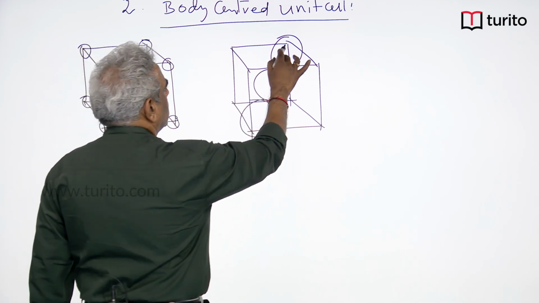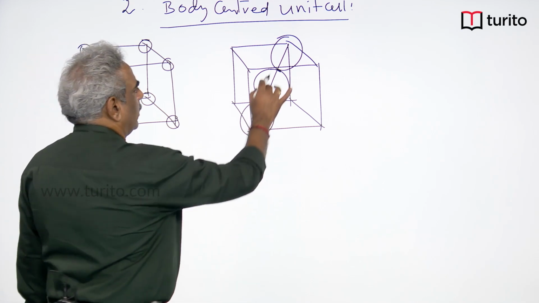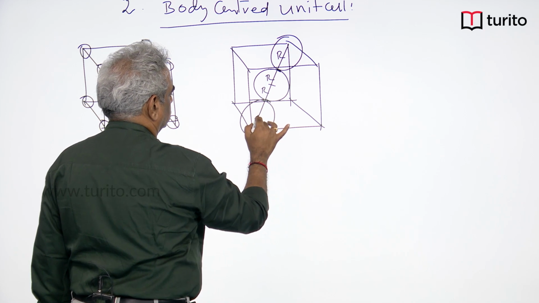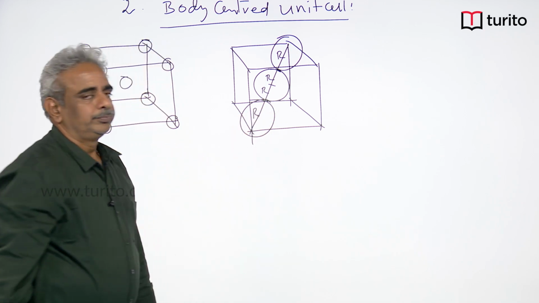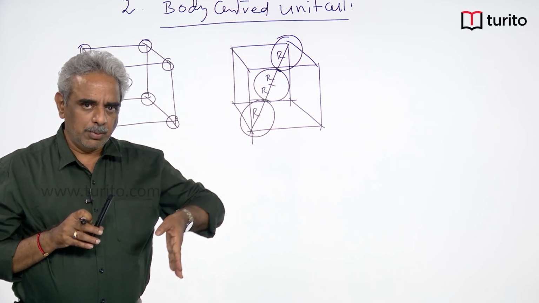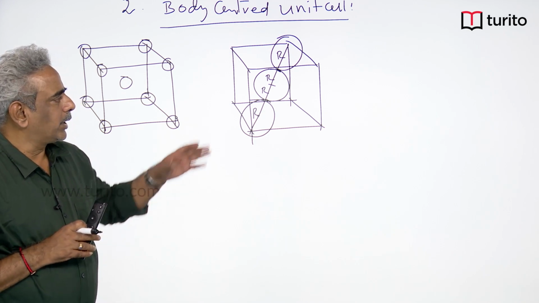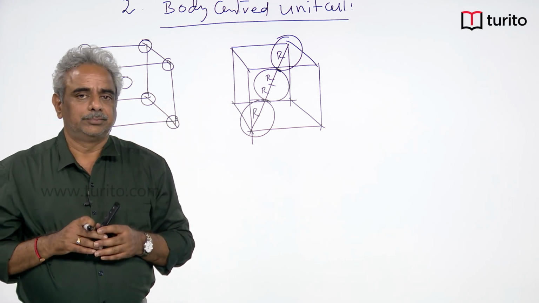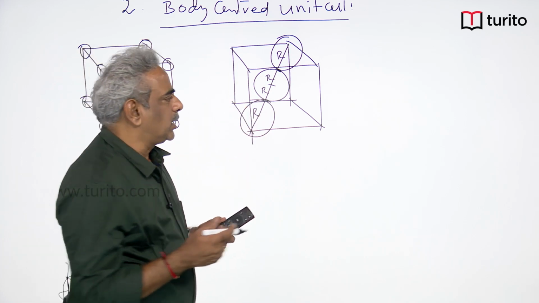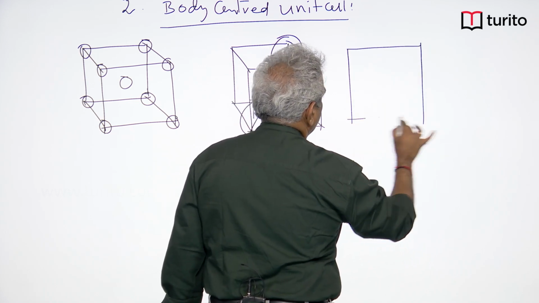So the body diagonal covers one radius, one more and one more, meaning 4 radii of the spheres cover the body diagonal. And how to calculate the body diagonal length? In any cube, if you draw a cube, it is simple Pythagoras theorem.